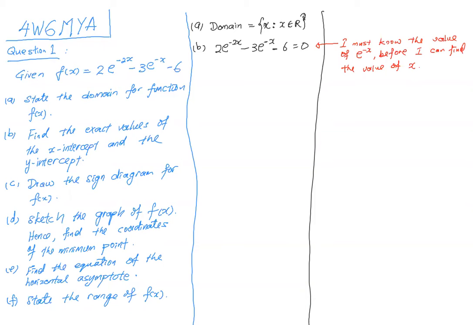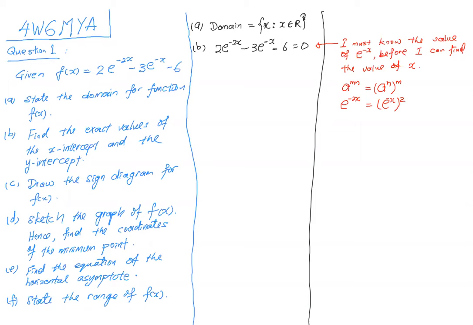And I have to know this formula. If I have any number a to the power of m times n, then I can write it as a to the power m, then to the power of n. So if I have e to the power negative 2x, then I can write it as e to the power negative x, then to the power of 2.